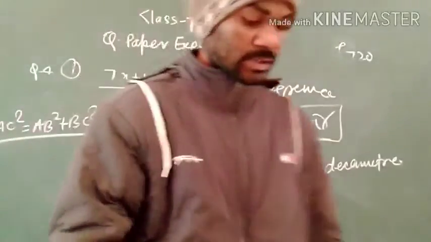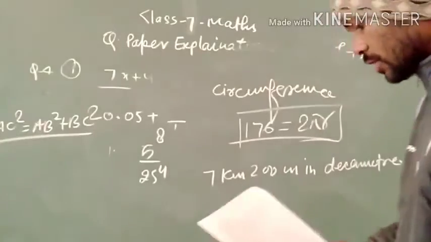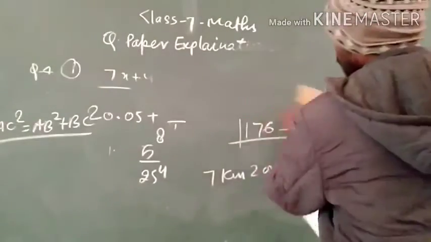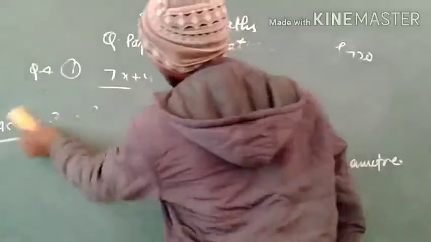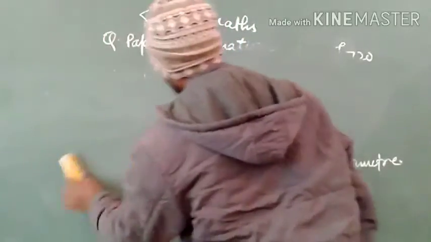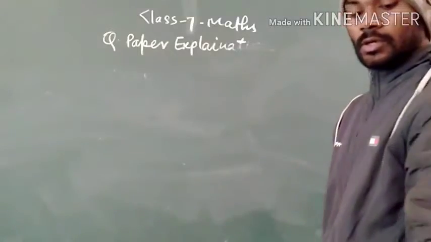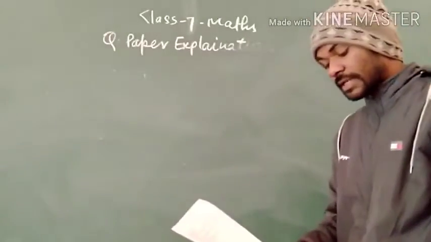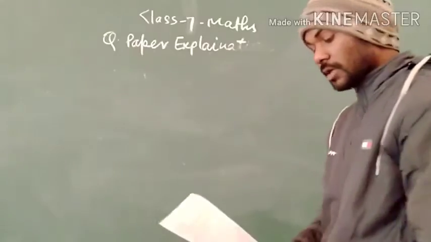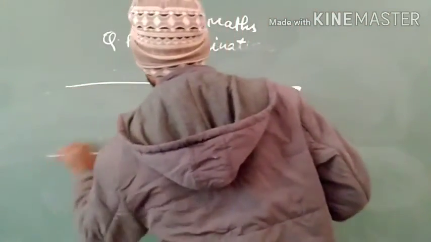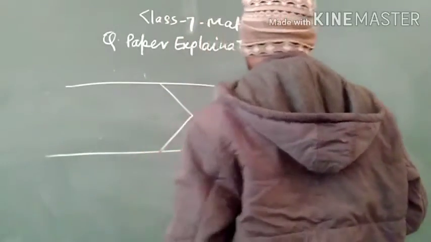Now let us see the next, the long answer type questions. In the long answer type questions, each question carries 3 marks, and you have to answer all the questions. That is, all questions are compulsory. In the first question, we have to find the value of x, as the given question is like this.